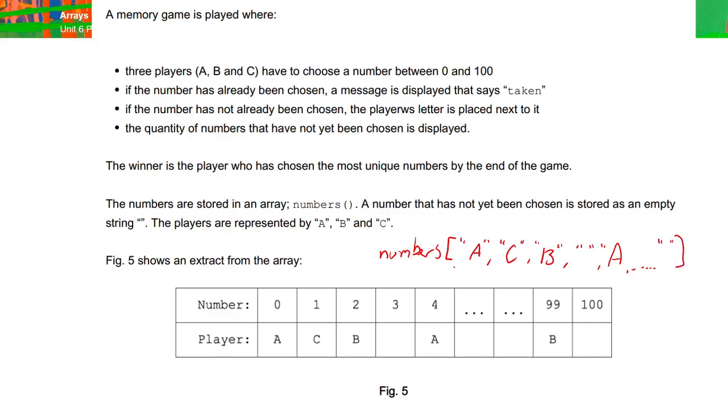That's why it's a little bit confusing, because it looks like there's two lists, one for number, one for player. No, so that is index 0, that's index 1, 2, 3, 4, all the way up to 100. So that's where it gets a little bit confusing.